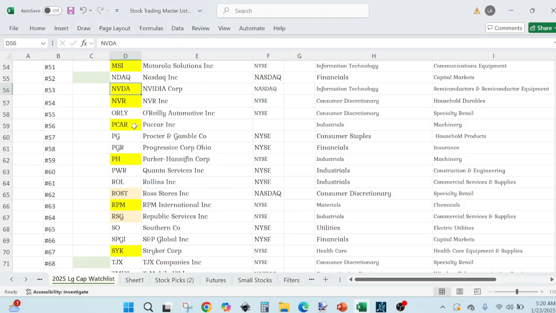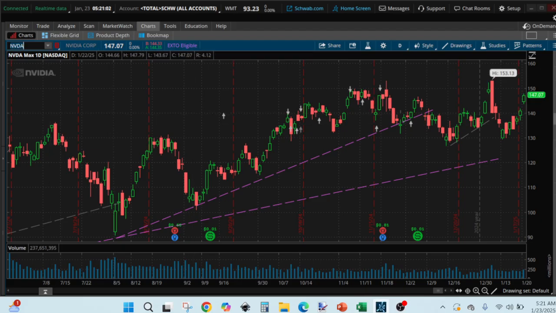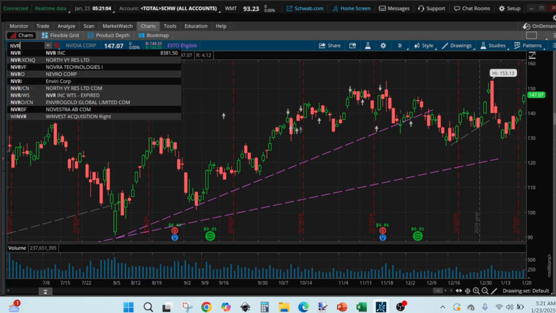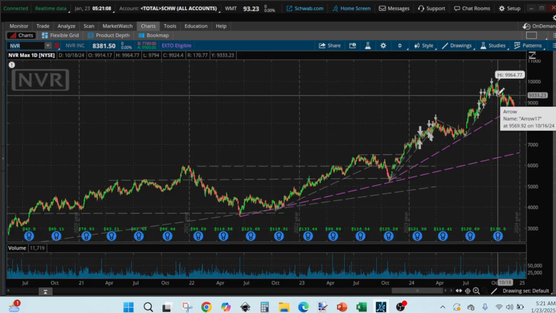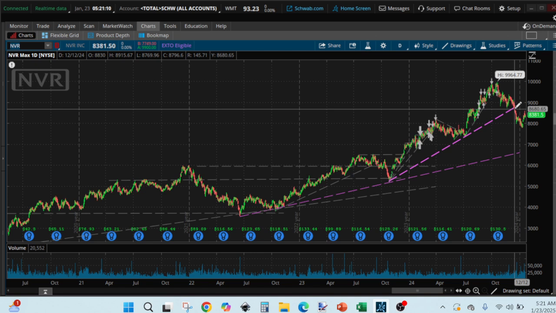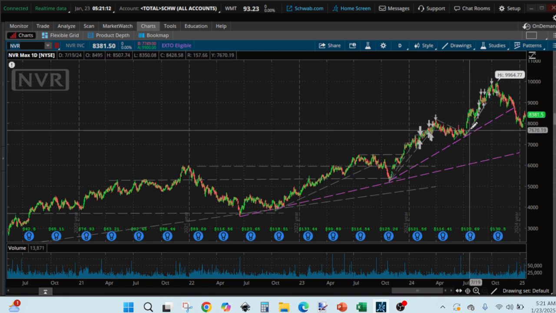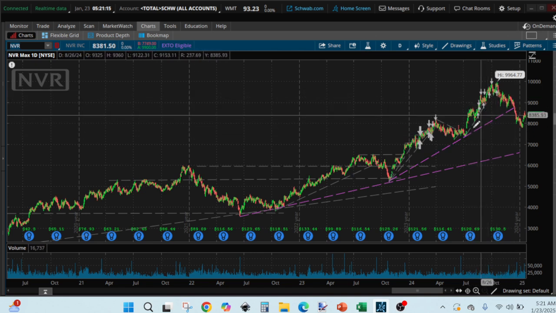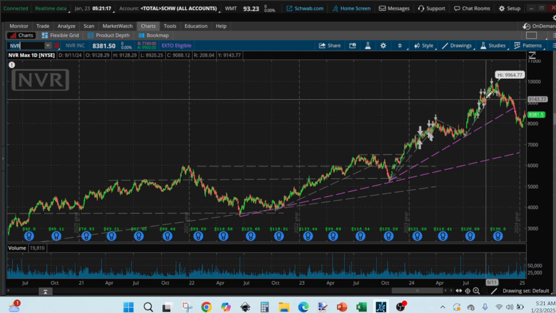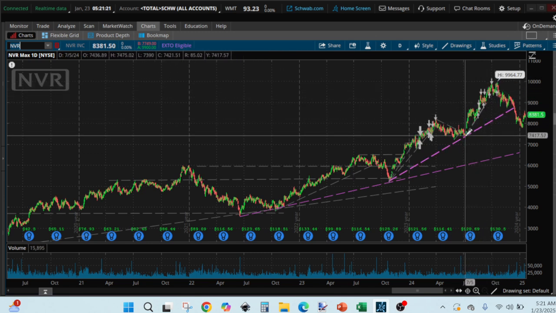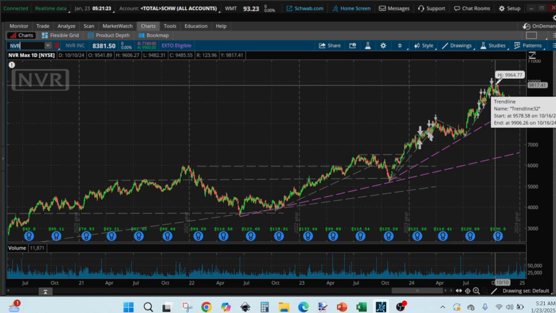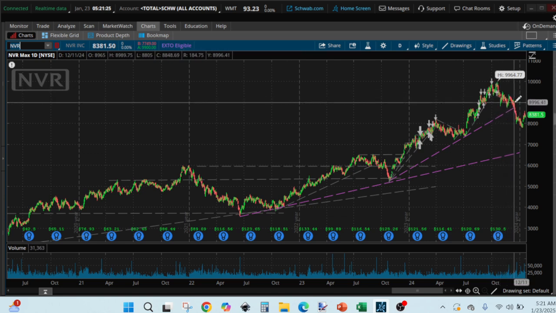The next one we are going to analyze is NVR. NVR, we purchased it as well last year. We purchased it somewhere there, and then the price dropped. You can see that because we are purchasing along a trend line here, which is the upper side of the mountain, when that peak was reached, it just decided to go down.